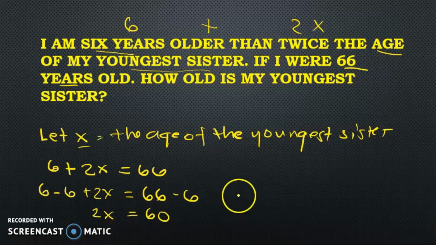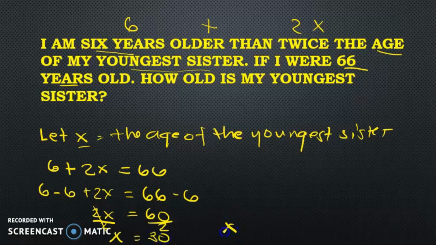Okay? So next, gagamitin naman natin ay the division property of equality kasi 2 times yan eh. So anong rule natin doon? I-divide natin both side by 2. So cancel natin. So x natira, 60 divided by 2 is ilan? 30.